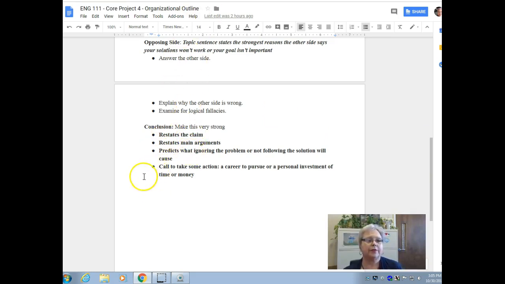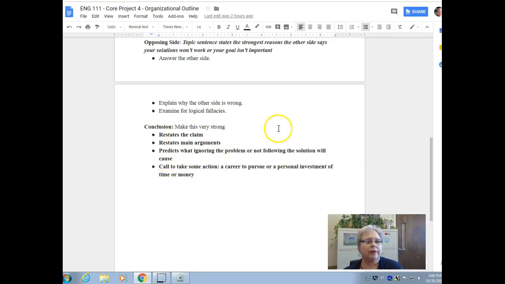As I said, you could just type right under here, or you can restate the claim, put your colon there and type out what your claim is again. Restates the main arguments, you can put those solutions in. Predicts what it will cause, colon, and then you type in there what will happen.